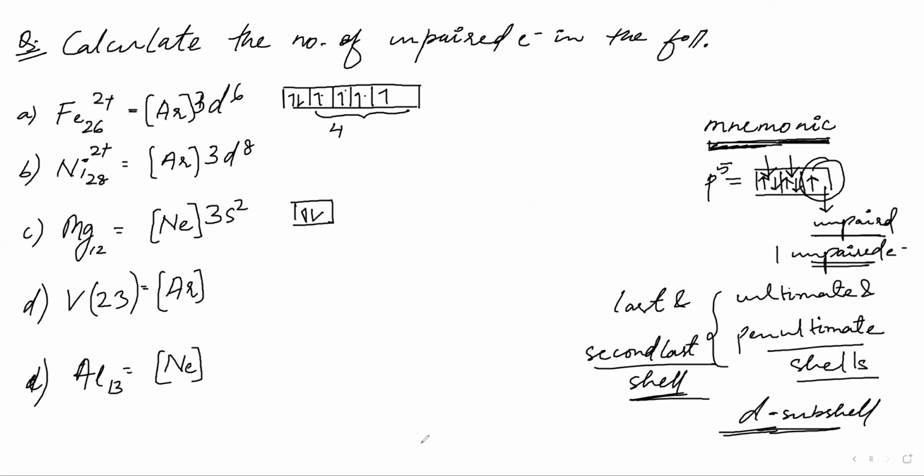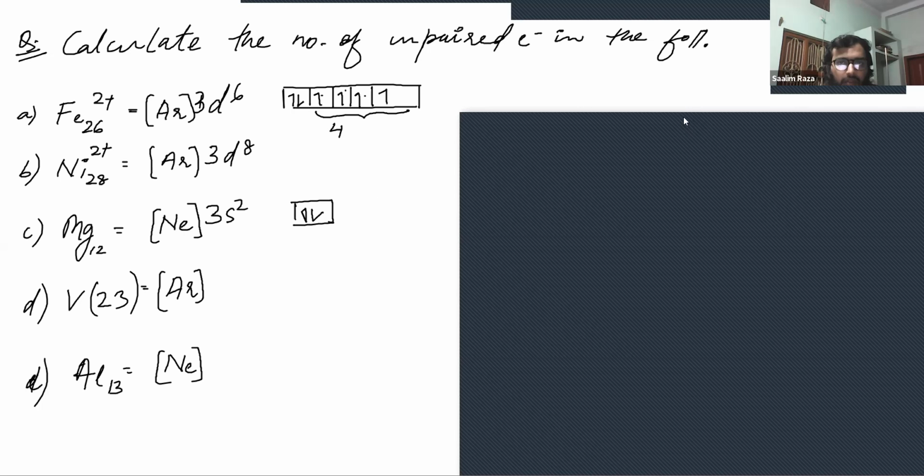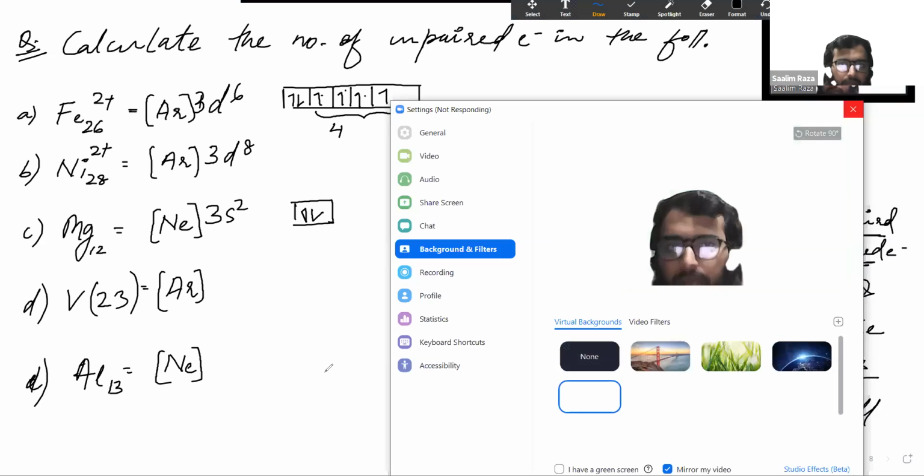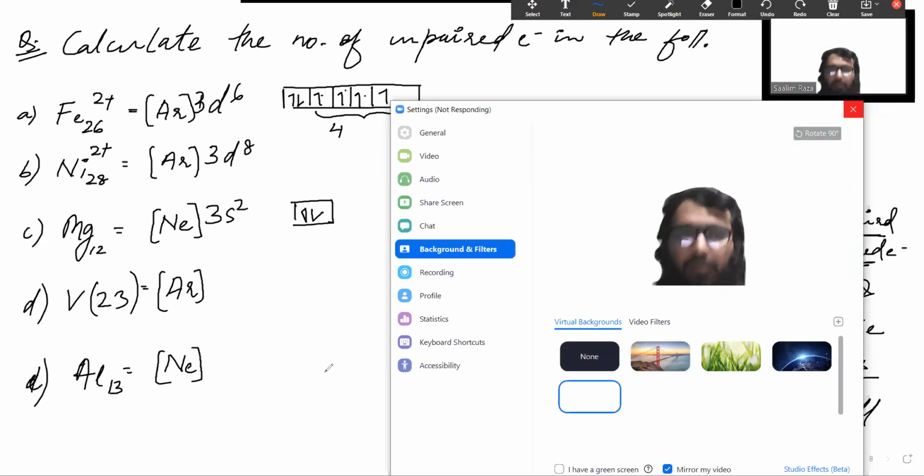Correct? Yes, sir. So it will be 3 unpaired electrons, right? And for aluminium? So for aluminium we will have again 3 unpaired.